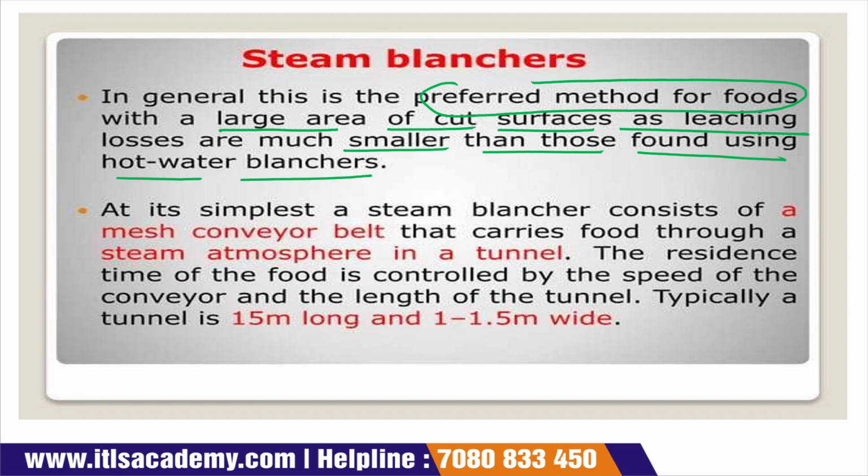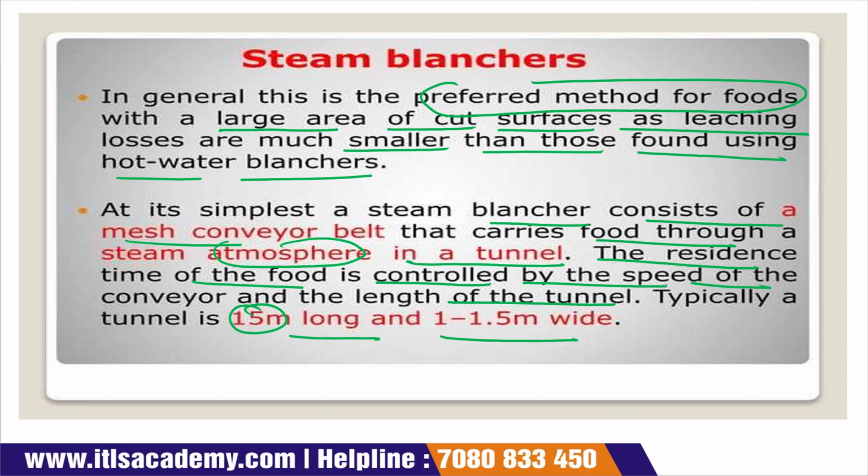In its simplest form, a steam blancher consists of a mesh conveyor belt that carries food through a steam atmosphere in a tunnel. The residence time of the food is controlled by the speed of the conveyor and the length of the tunnel. It is typically 15 meters long and 1 to 1.5 meters wide.